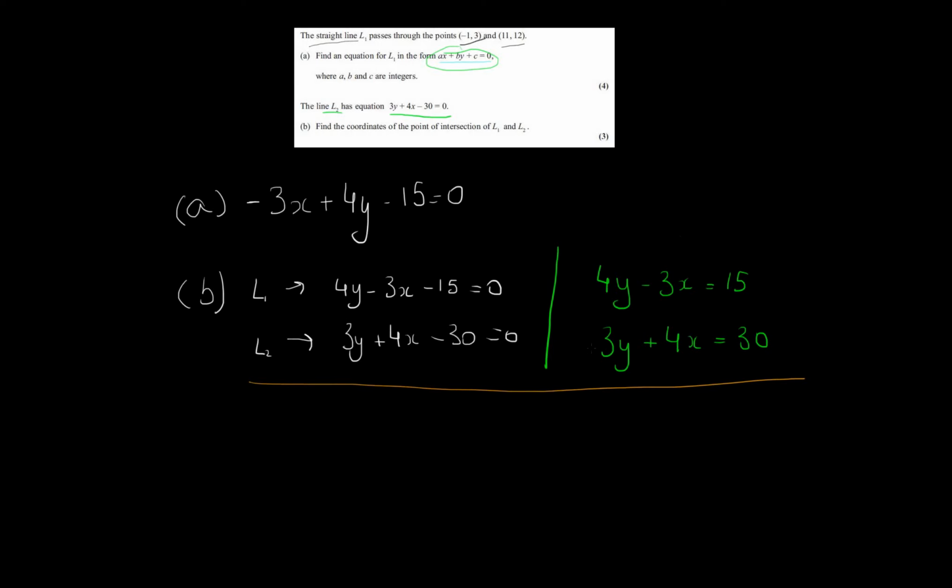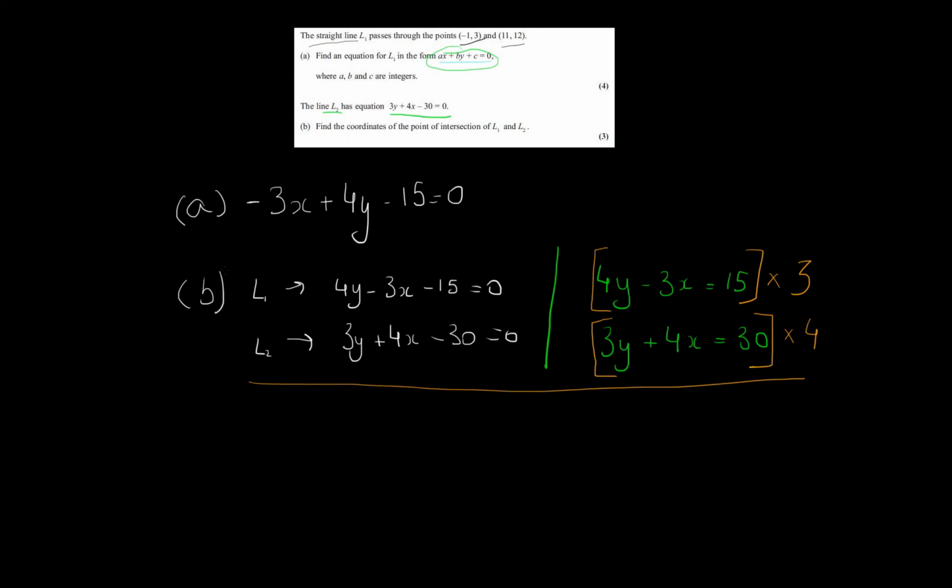Now 4 and 3. For the coefficient of y to be the same for both of these equations, I need to multiply this entire equation up here by 3. And for this equation here, for its coefficient of y to equal the coefficient of y of this equation, I need to multiply this equation by 4.